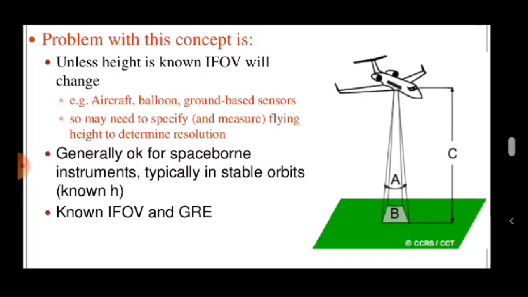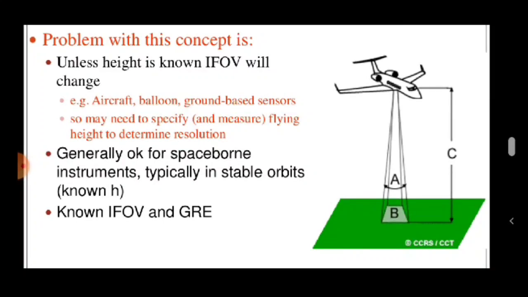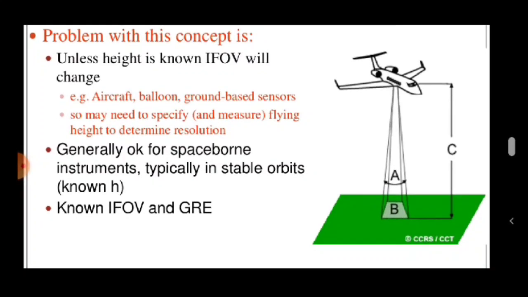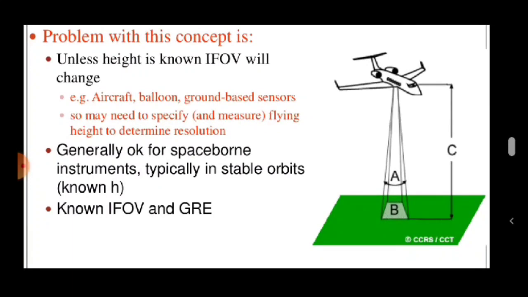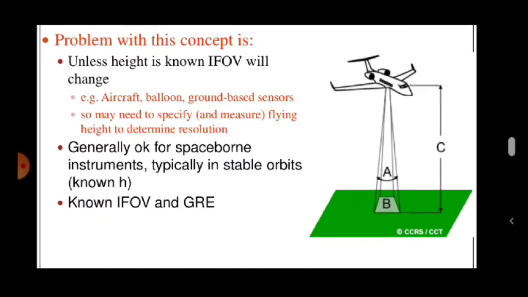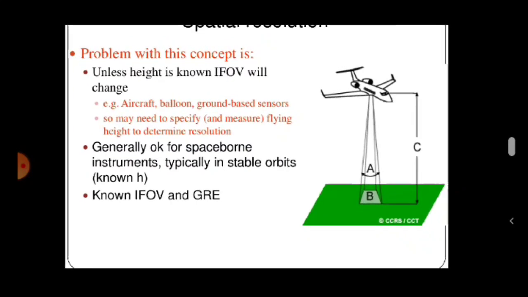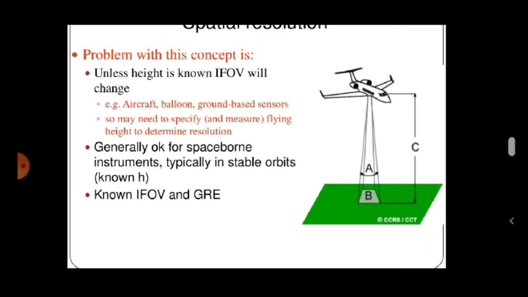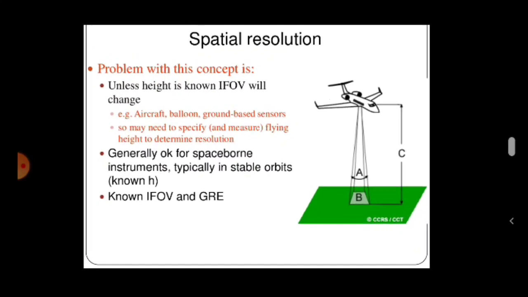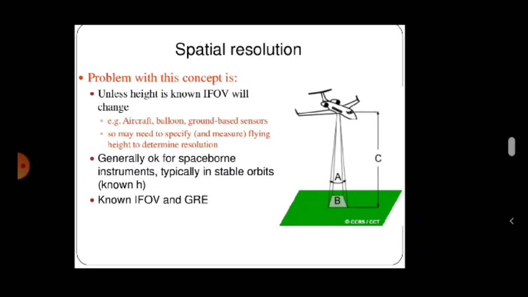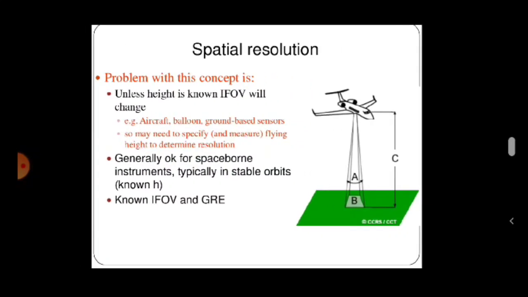We can calculate the spatial resolution only if it is known. It is also generally okay for spaceborne instruments in stable orbits only. And IFOV and GRE, the ground resolution element and the instantaneous field of view, have to be known parameters to calculate the spatial resolution.